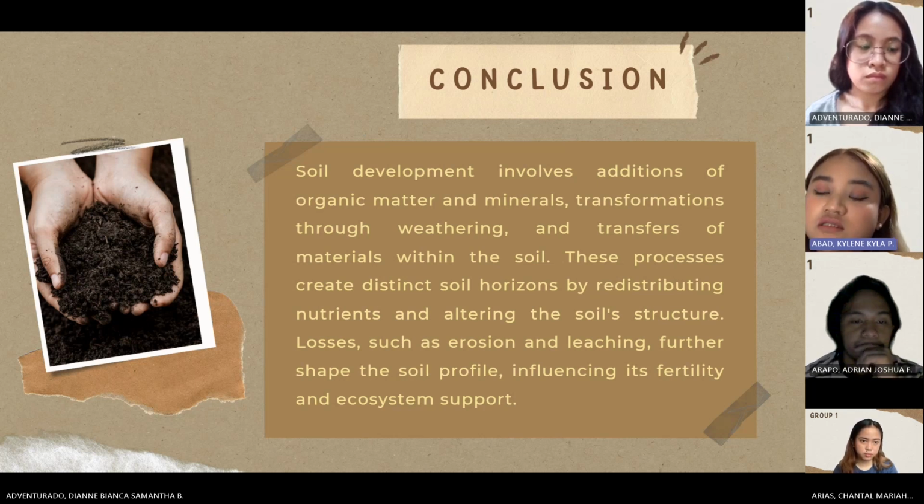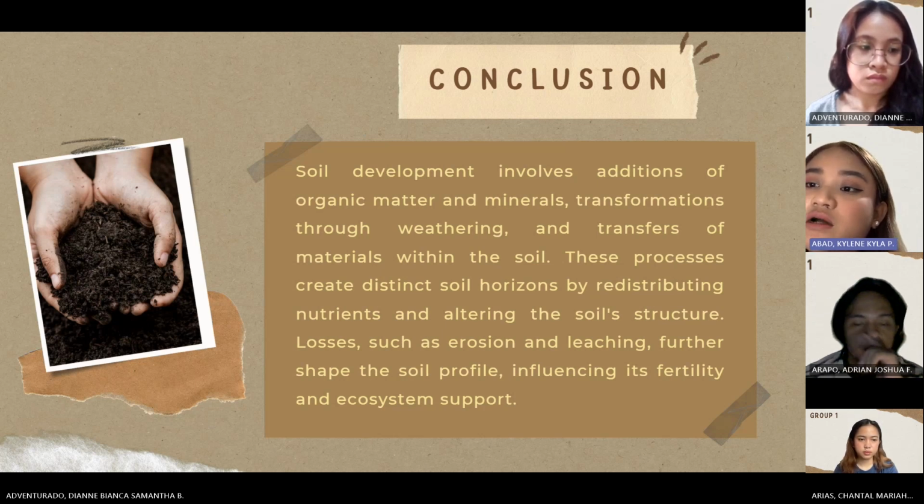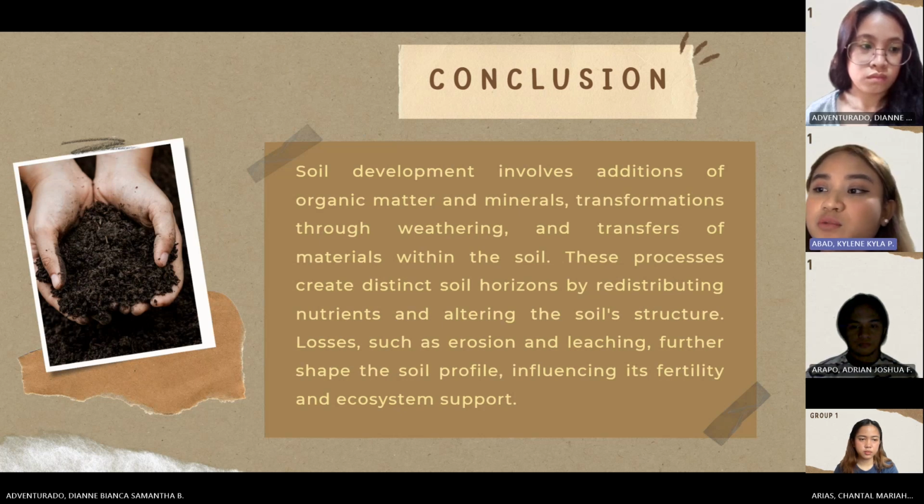So soil transformation, particularly weathering processes, plays a crucial role in the breakdown and alteration of these materials. Physical weathering breaks down rocks into smaller particles, increasing the surface area for further chemical changes.